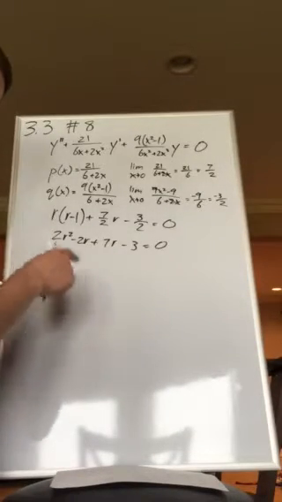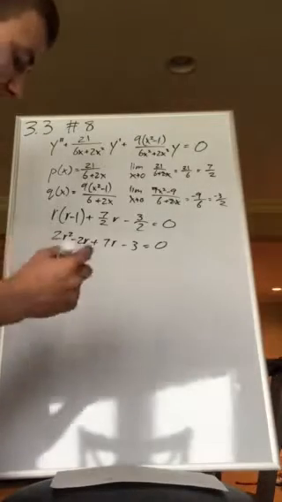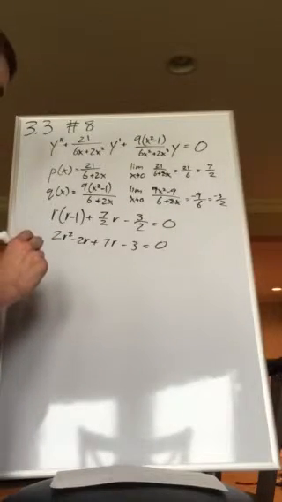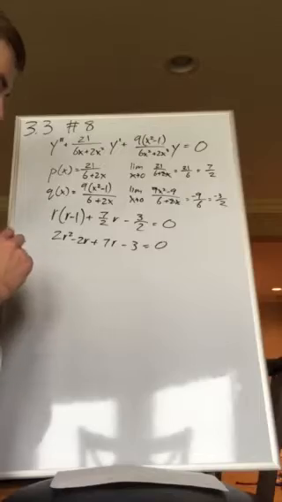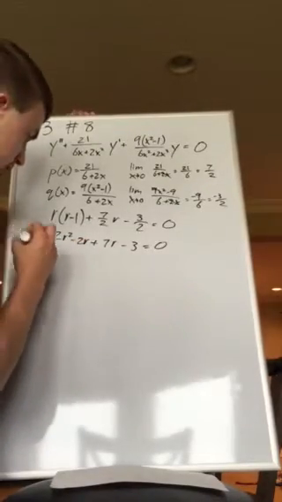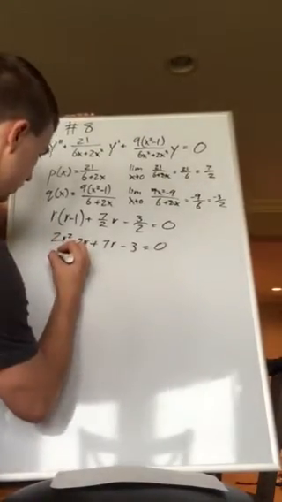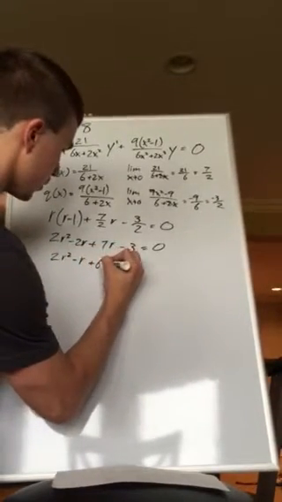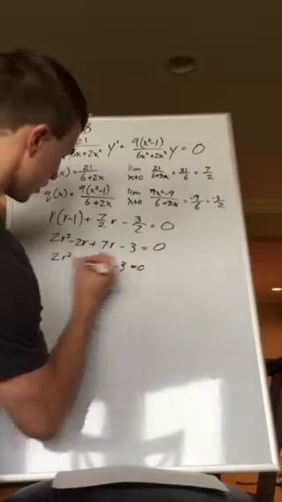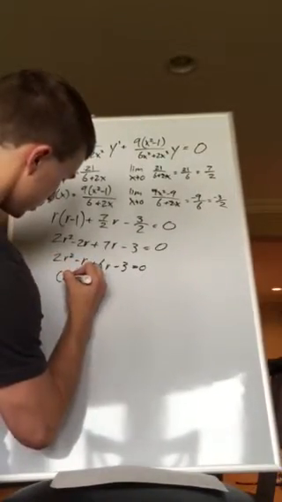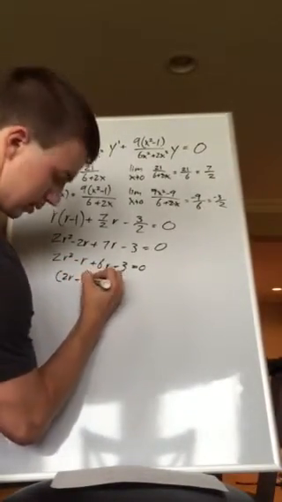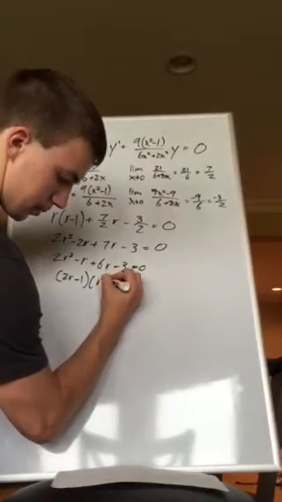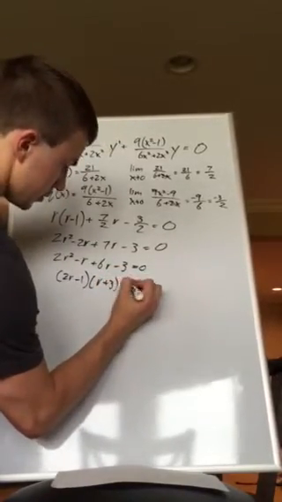If you don't see that, or you had to do it another way, you could also use the root equation. So we'll have 2r squared minus r plus 6r minus 3 equals 0, and this indeed will be 2r minus 1 multiplied by r plus 3 equals 0.